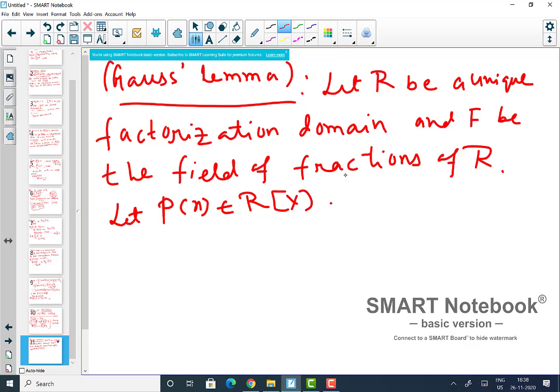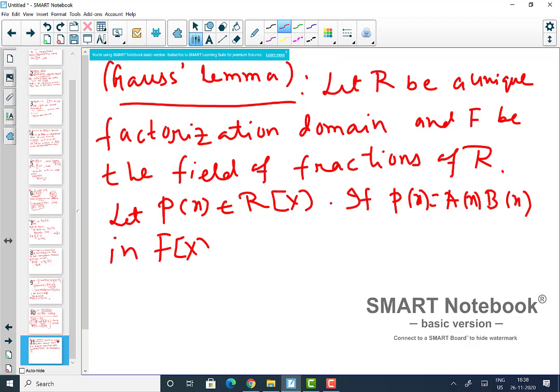This tells you that if you can write P(x) equal to A(x) times B(x) in F[x], that means if you can factor in F[x], then you can do it also inside R[x].